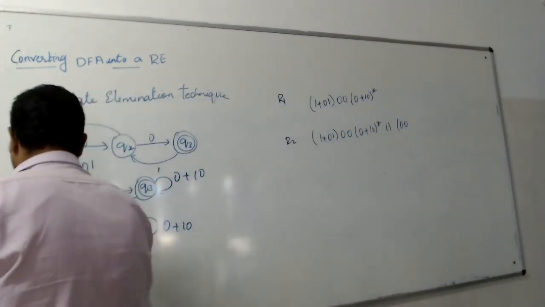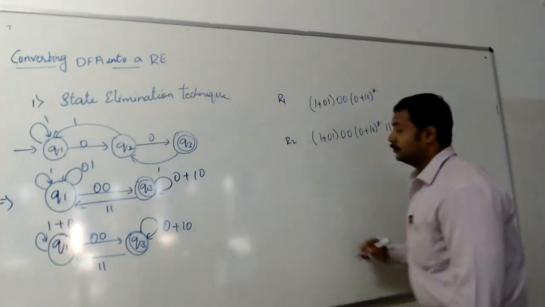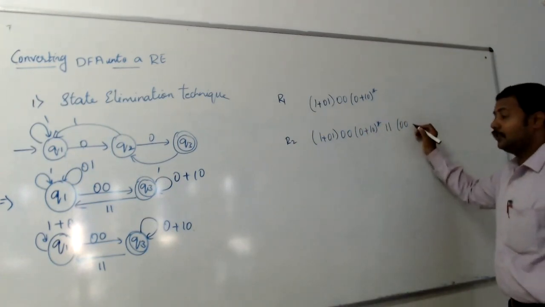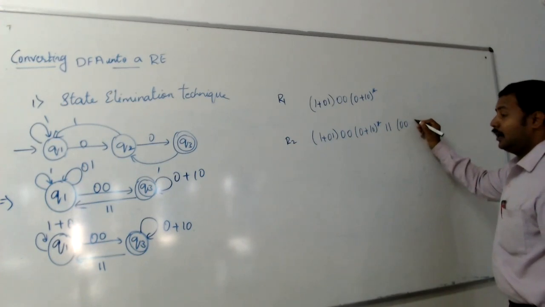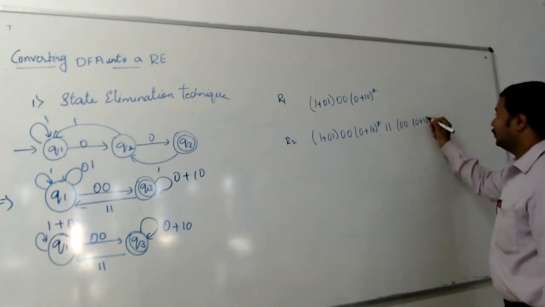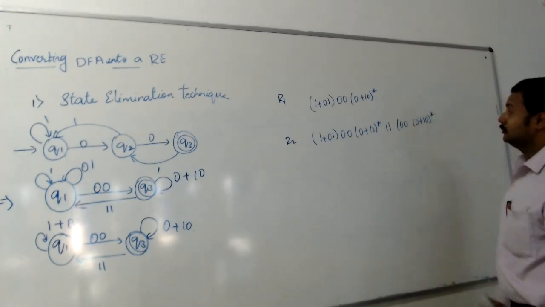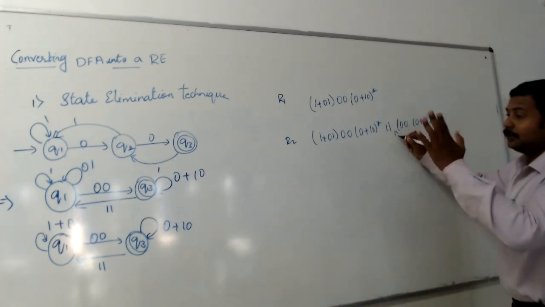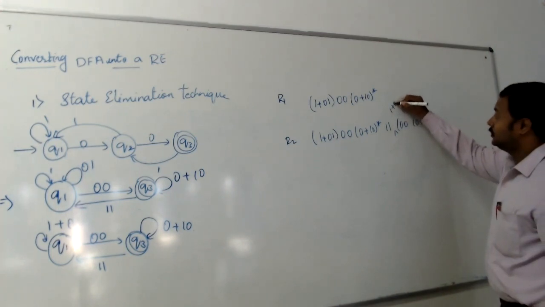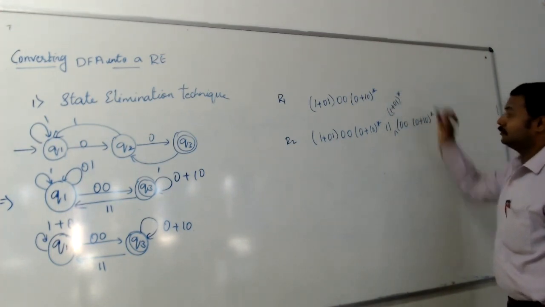Sorry. Either 0 0, 1 1 is going to 0 0, and (0 plus 1 0) whole star. And then in between again comes 1 0 1 plus 0 1 whole star.